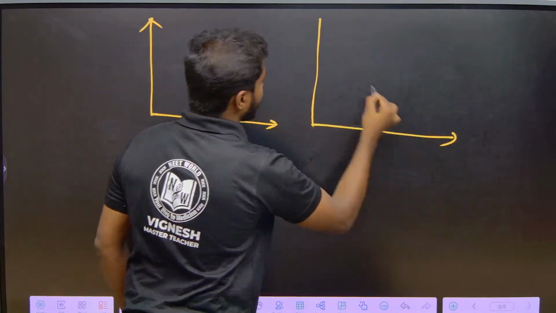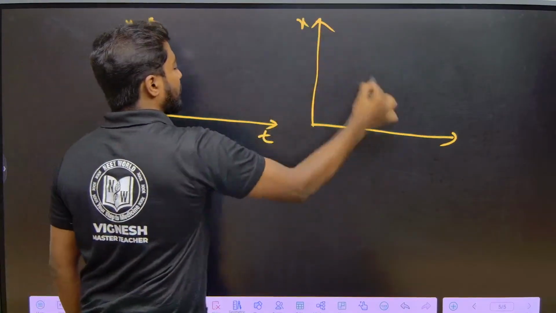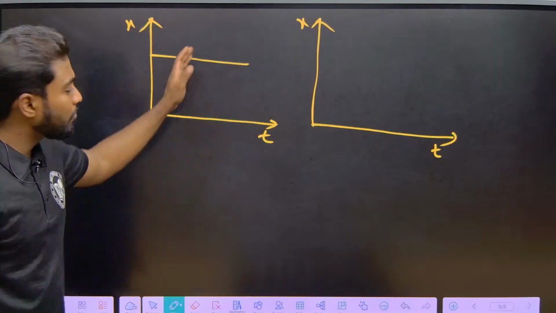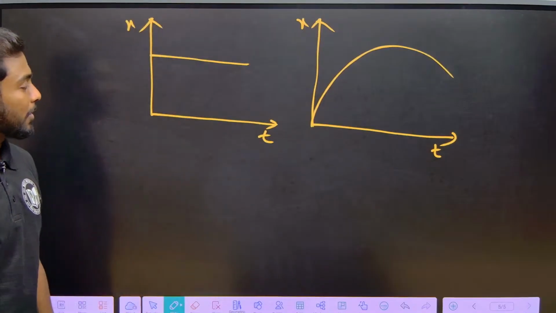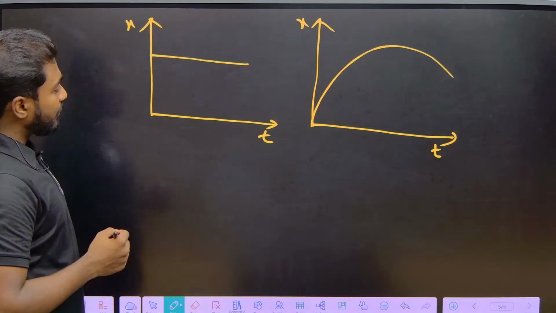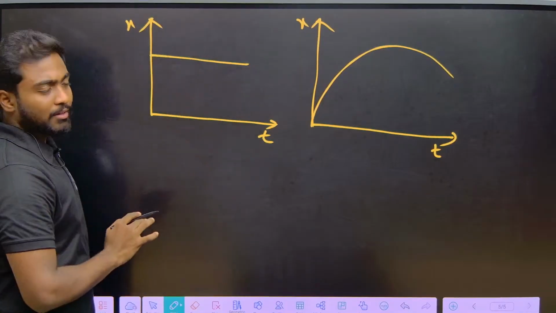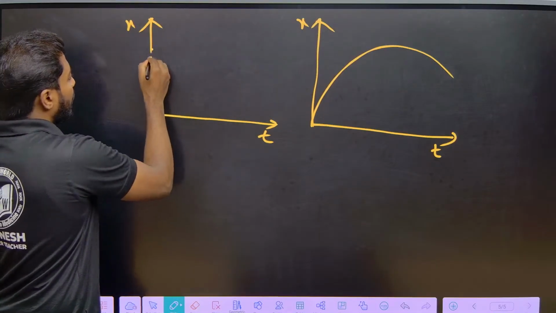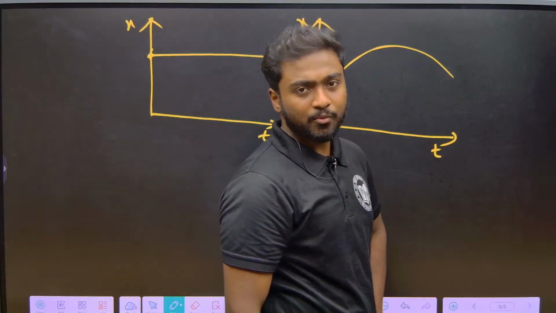So listen guys, here I will take x-t. Two graphs I told: one is a line parallel to t, the second one is like I am throwing a stone, it goes somewhere like this. Now if I want to take a theta, an angle with respect to this, listen here: in this case, is x changing with respect to time?